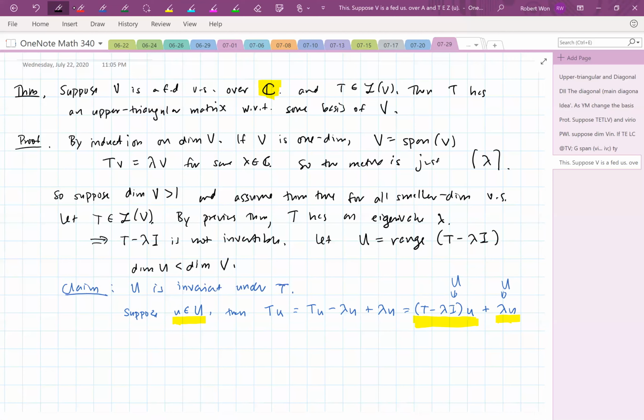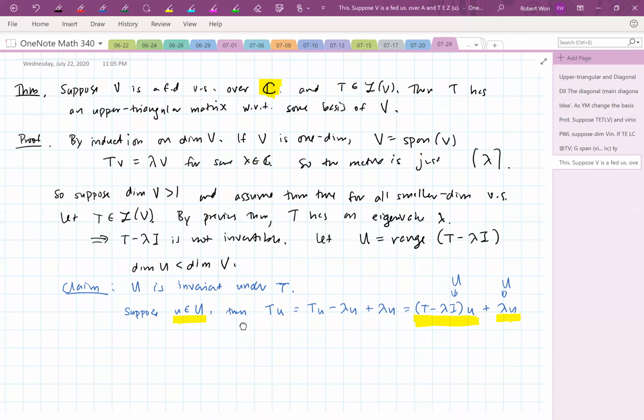Okay, well, what's the benefit of proving this claim? Remember, I'm trying to use the inductive hypothesis on this subspace U, which means I need an operator on U. If I want to take the restriction of T and have that be an operator on U, I need U to be invariant under T. This is the whole point.